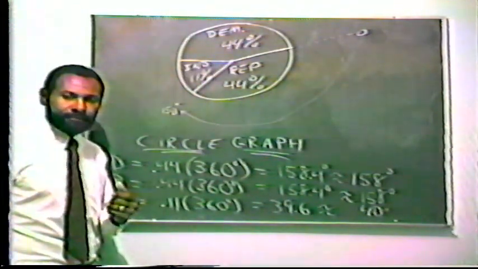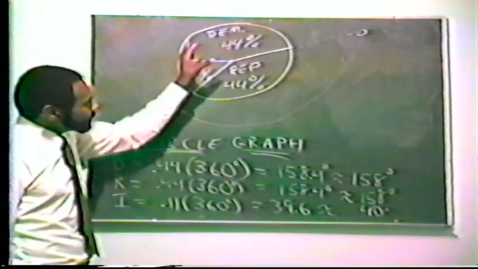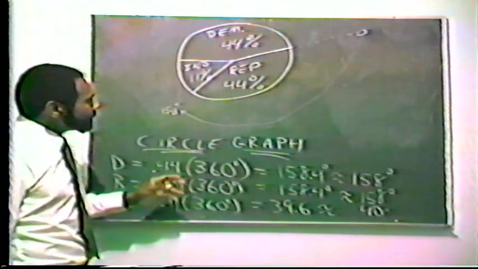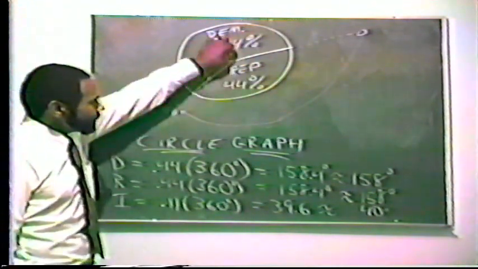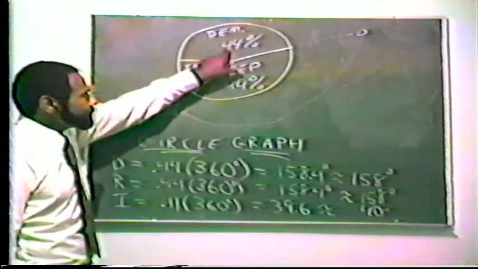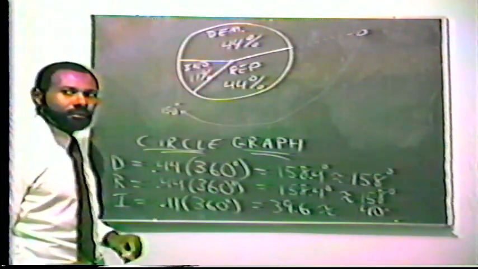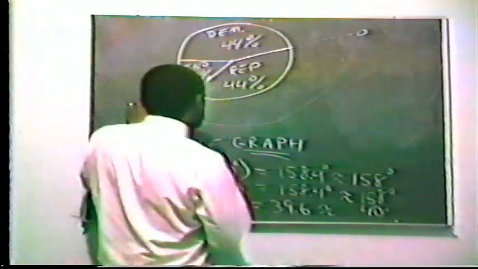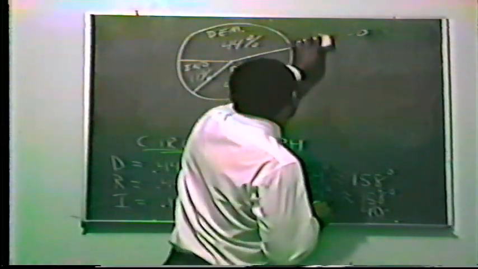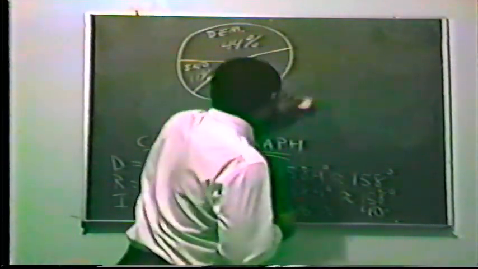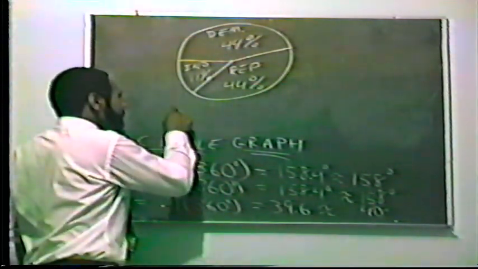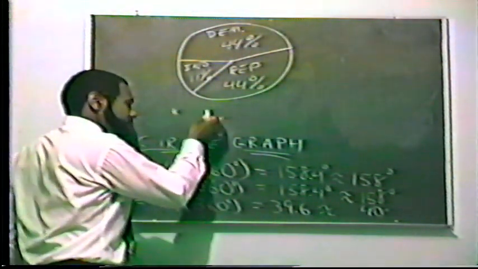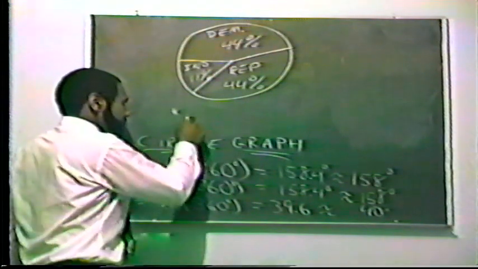If you look at this circle graph, you'll notice that the percentages here do not add up to 100%. They only add up to 99%. So you need to make a note of that. Under your circular graph, you need to make a note of that. You might say something of this nature.